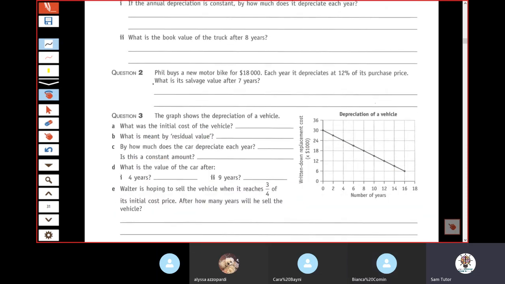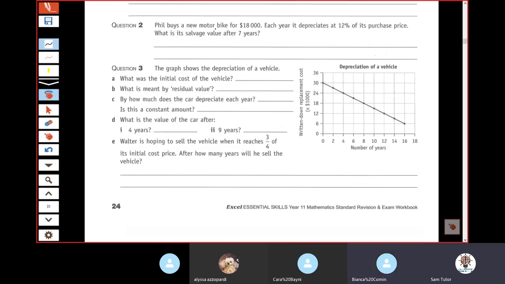This one here says Phil buys a new motorbike for $18,000. Each year it depreciates at 12% of its purchase price. So what does D equal? D is not 12%, it's 12% of 18,000. And then you will just plug that in.